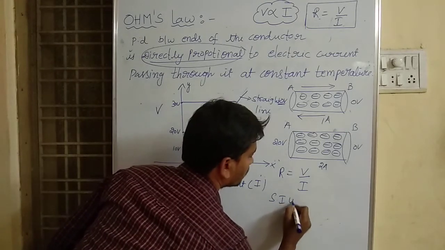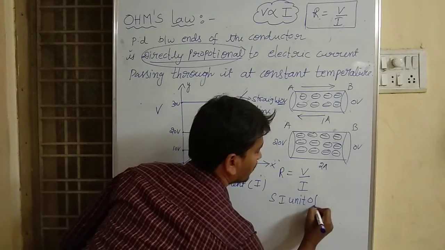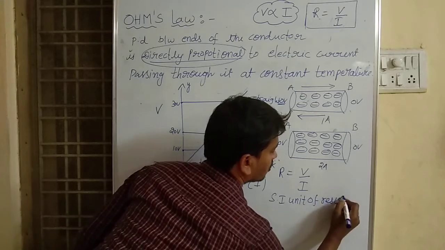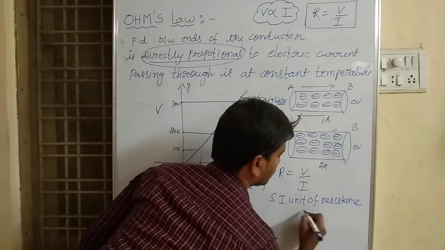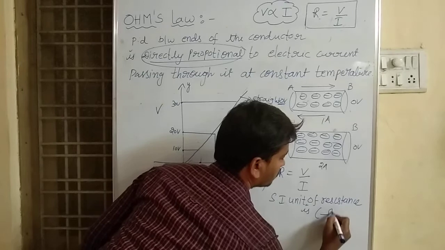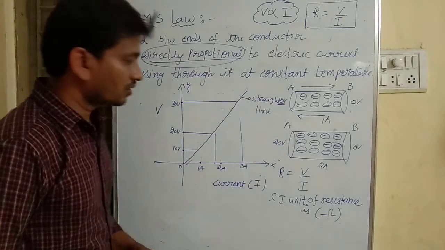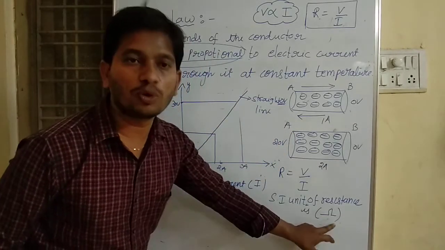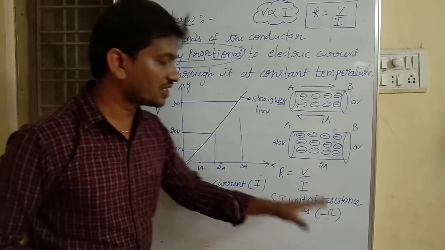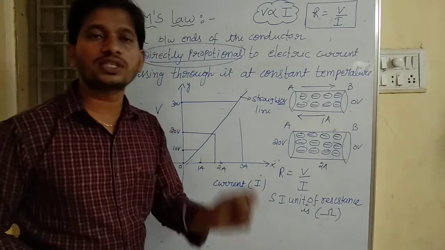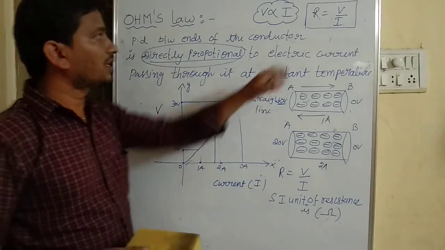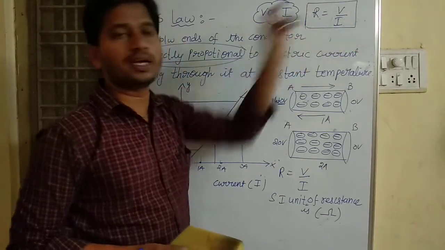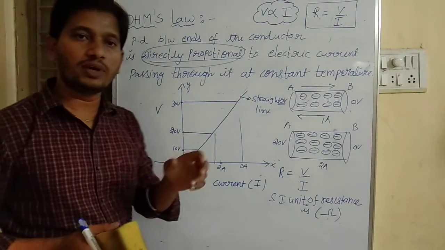The SI unit of resistance is ohm, with the symbol omega. That is, R equals V by I.